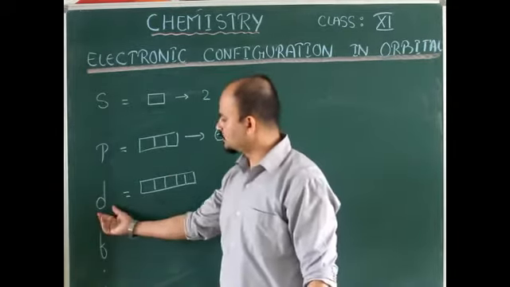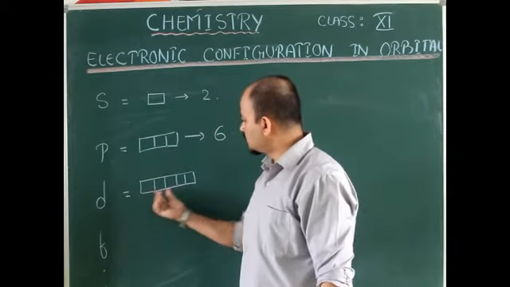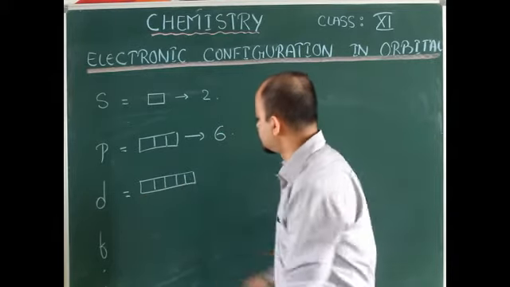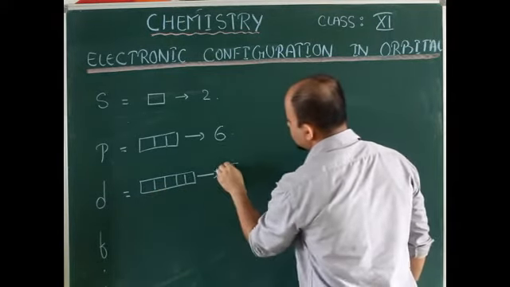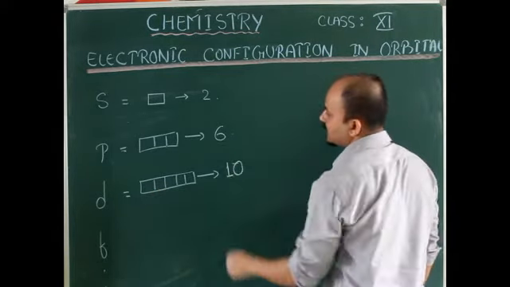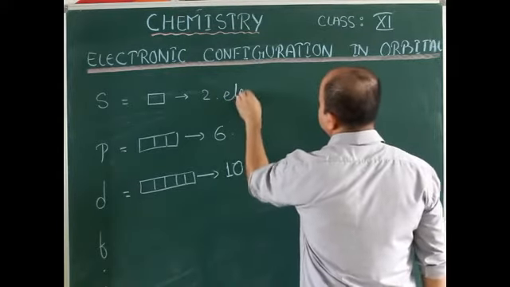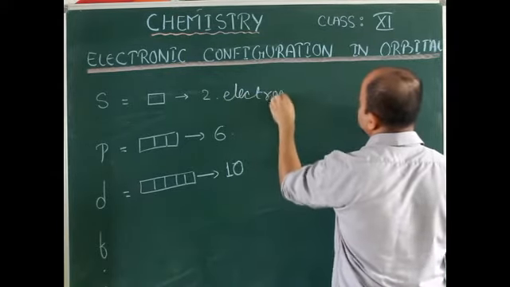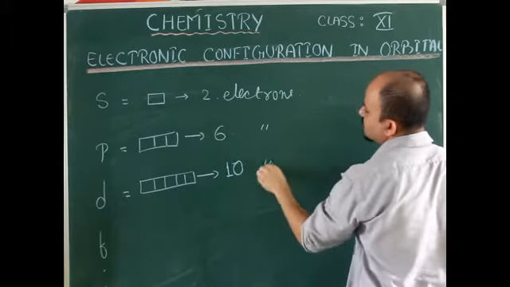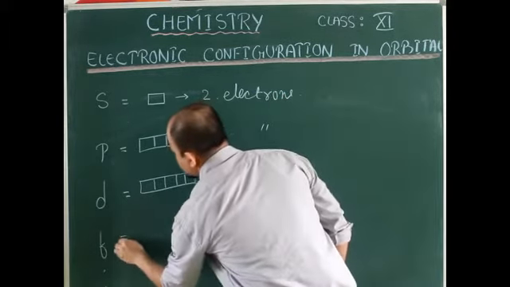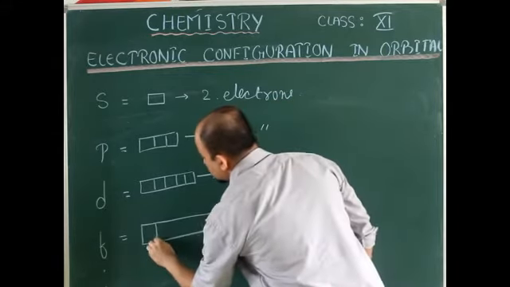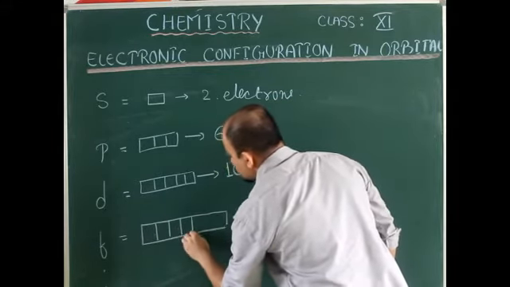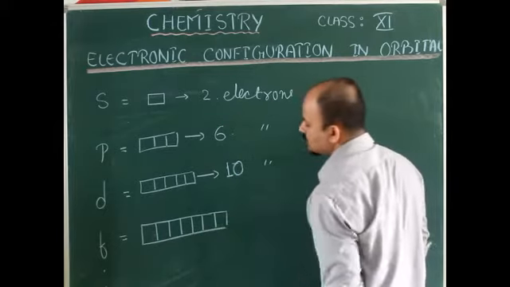Now d orbitals will have how many rooms? 1, 2, 3, 4, 5. It will have 5 rooms, and it can hold a maximum of 10 electrons. F has how many rooms? 1, 2, 3, 4, 5, 6, 7 rooms.